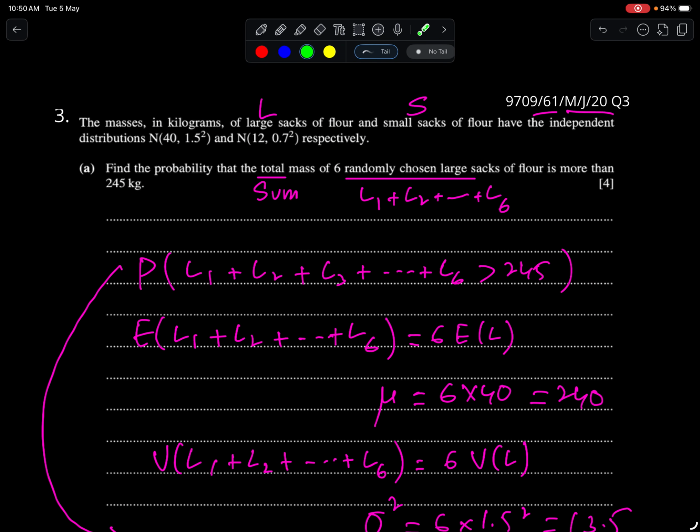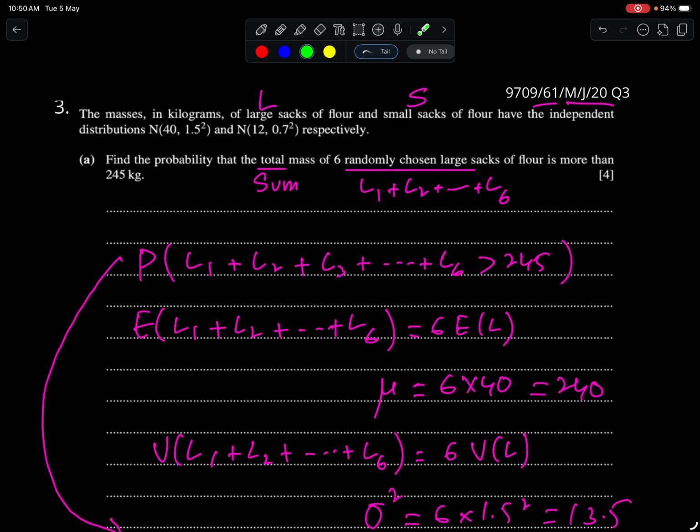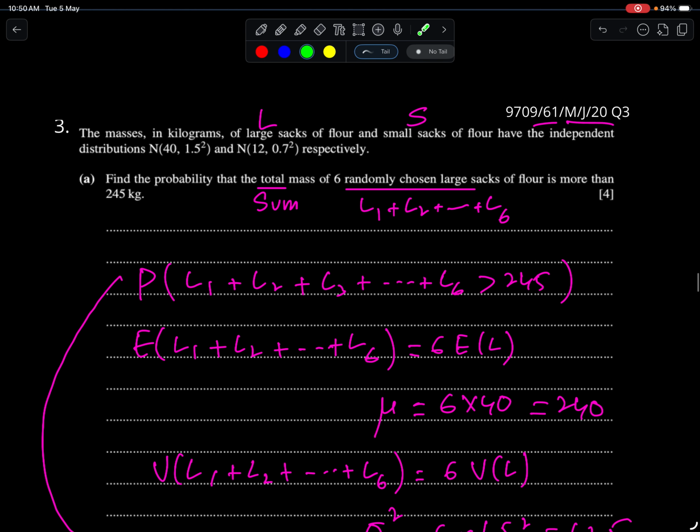Okay, this question. The masses in kilograms of large sacks of flour and small sacks of flour have independent normal distributions. Find the probability that the total mass of 6 randomly chosen large sacks, L1 plus L2 plus up to L6, is more than 245 kg.